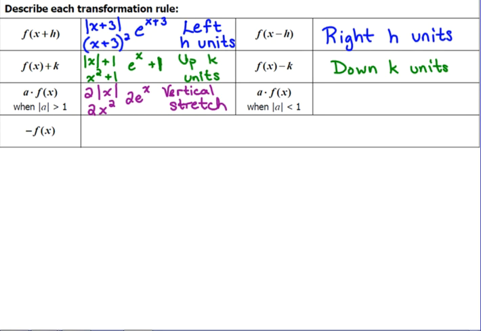You're making the y values bigger, so you're stretching that function up. When a is less than 1, like 1/2 times the absolute value of x, you're taking all those y values and multiplying them by 1/2, so this is a vertical shrink.